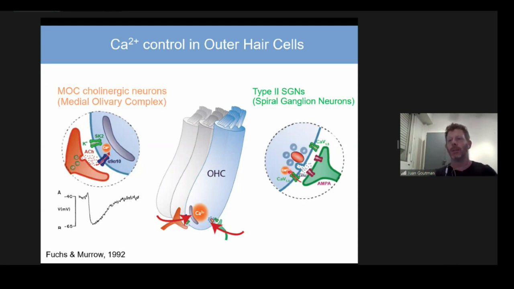This is a glutamatergic synapse. So vesicles filled with glutamate are released only after voltage-dependent calcium channels of the L type are open. So calcium influx now comes into the outer hair cells through the voltage-dependent calcium channel. So at these synapses, outer hair cells operate as a presynaptic compartment.